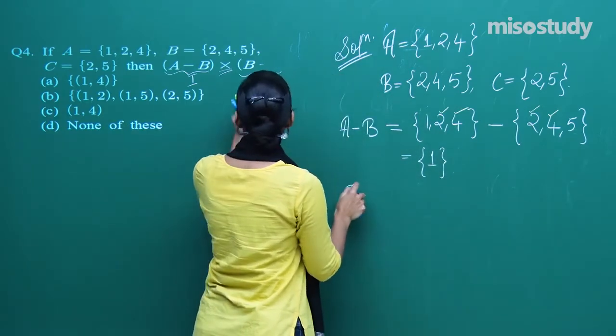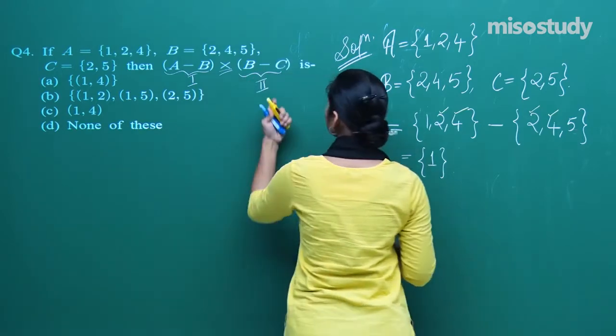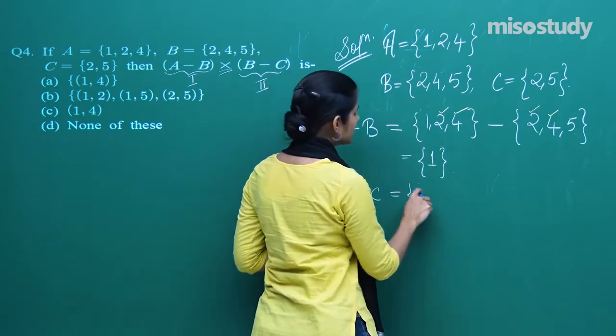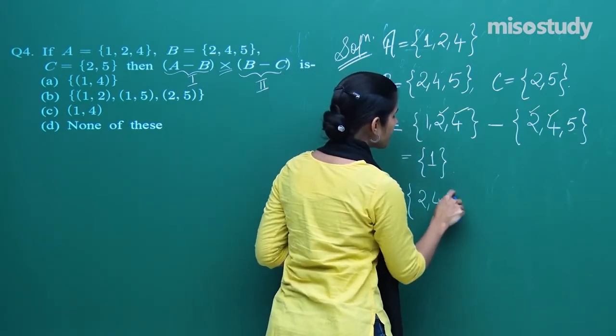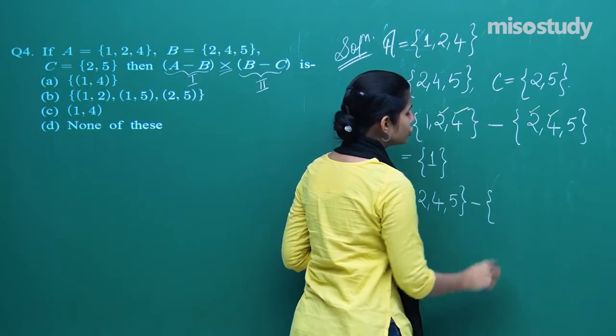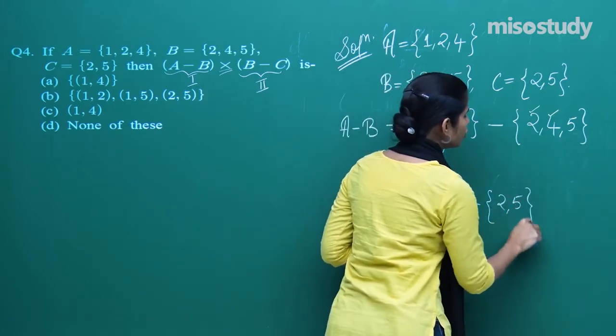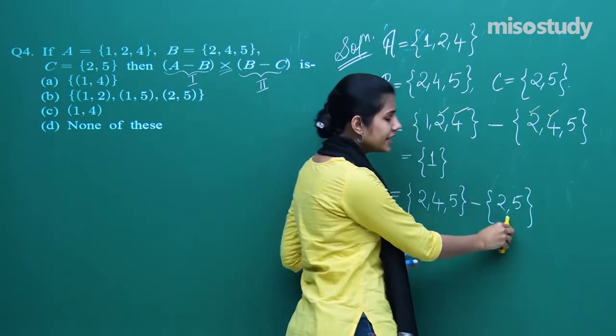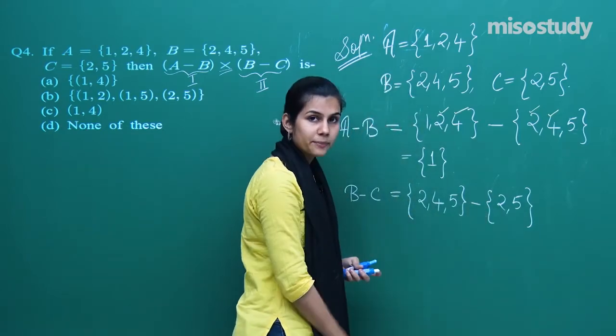The second set, which happens to be B minus C, is calculated when from B, which is 2, 4 and 5, you remove the contribution of C, which is 2 and 5. That means members which are sitting in C, if they are sitting in B, remove them.